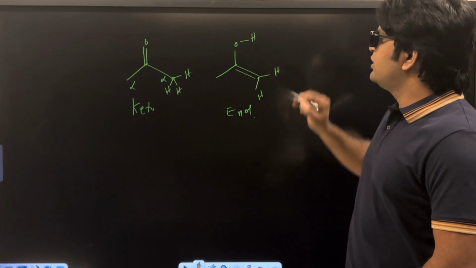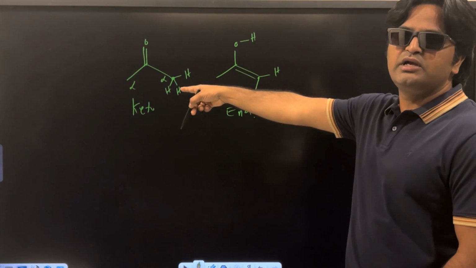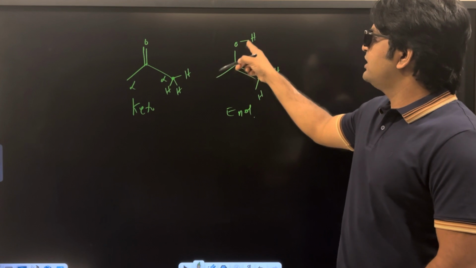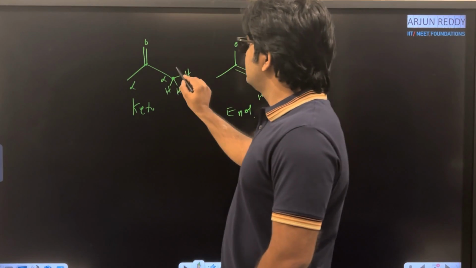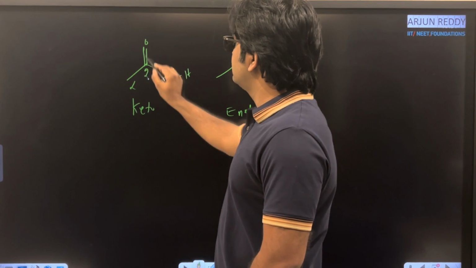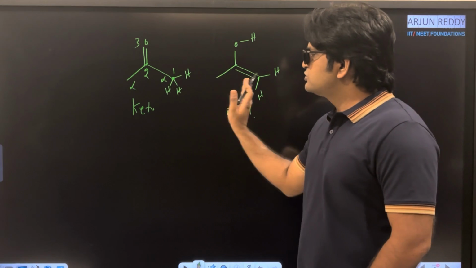So if you ask the hydrogen atom, it will say: previously I was at the carbon atom, I am coming from carbon, and finally I am coming to the oxygen atom. Okay, now I am giving numbering like this: first carbon, second carbon and third oxygen atom. Just observe these two molecules.